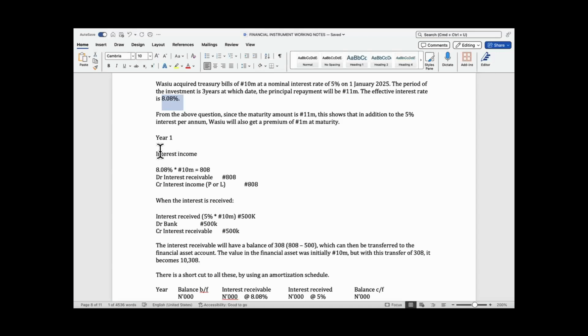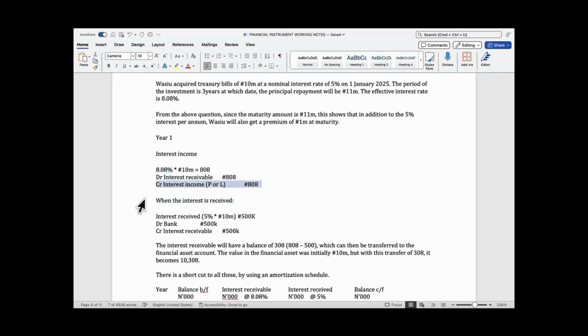Either you use the native method year on year by doing your debit and credit, meaning in year one, the interest income you recognize in P&L won't be 5% anymore. It will be 8.08% of the 10 million. Then you debit interest receivable because you are not actually getting this 8.08%. You're only getting 5% of it because that's the nominal interest. So you do your double entry, debit interest receivable and credit interest income.